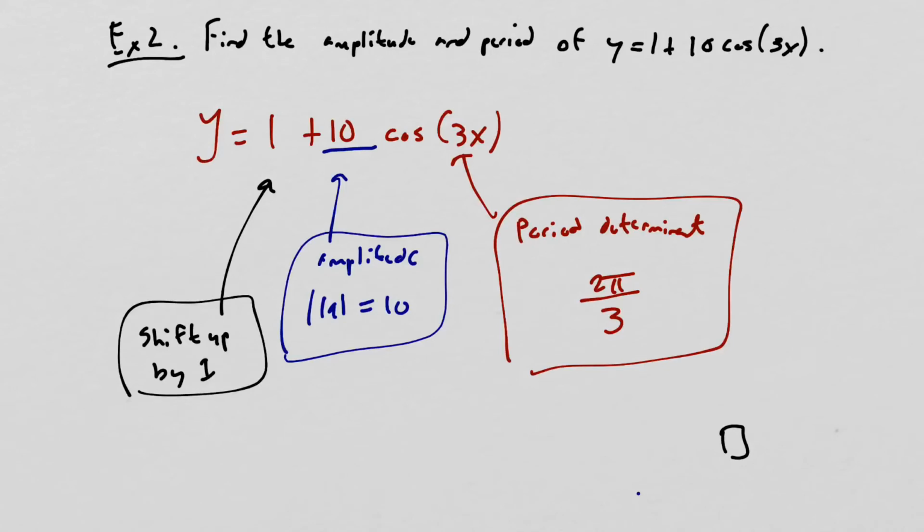Now let's go ahead and look at the last horizontal transformation. This will be a horizontal shift. If we want to shift our graph either left or right, we'll replace the x with x minus b.